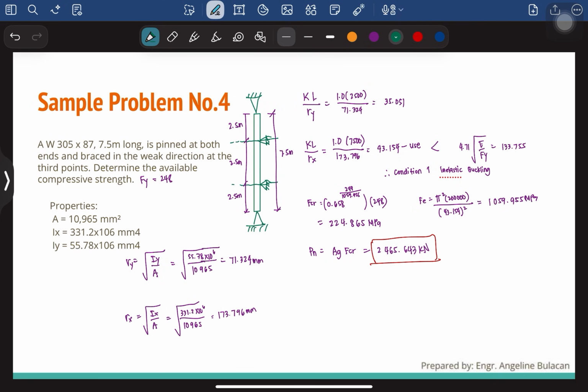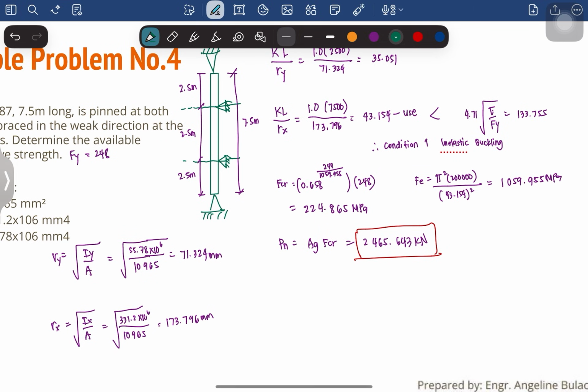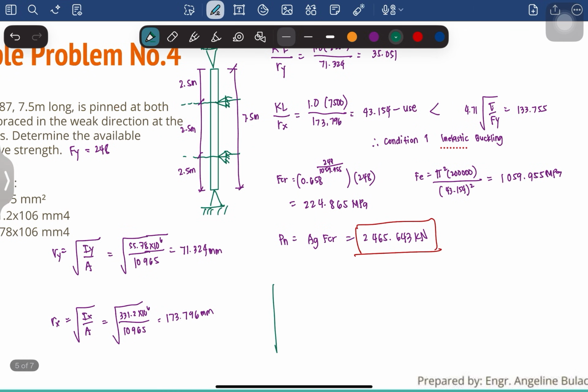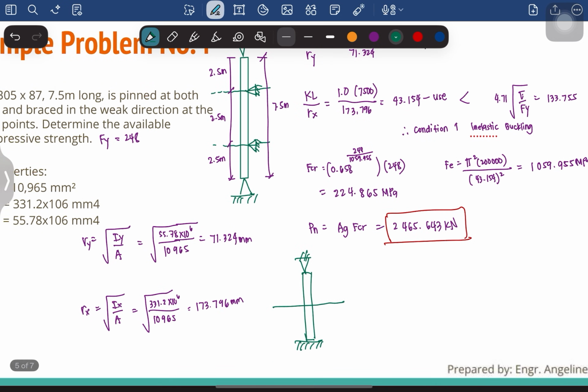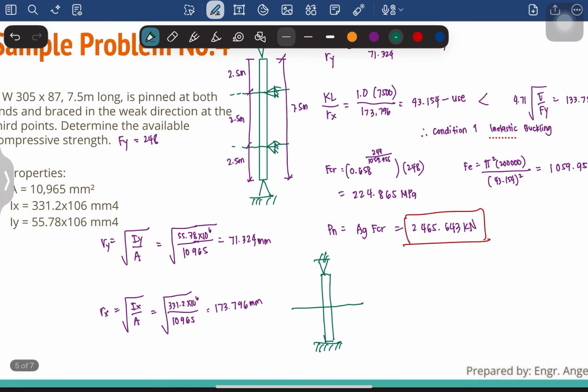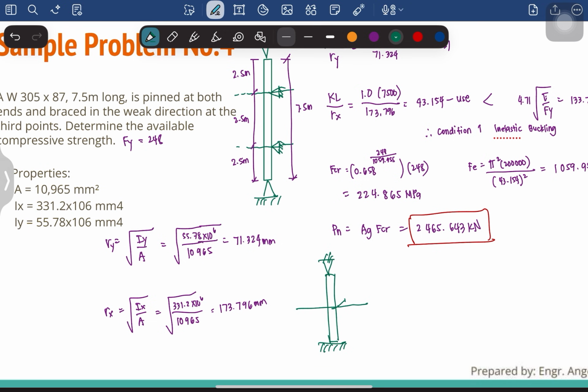Pero in case, class, kunwari, yung given, so banggitin ko na, kung given na support is, isa is pin, at isa naman is fixed, tapos nahati siya, or may support doon sa middle point nung column sa weak direction. So, makukonsider mo yung bracing as pin support.